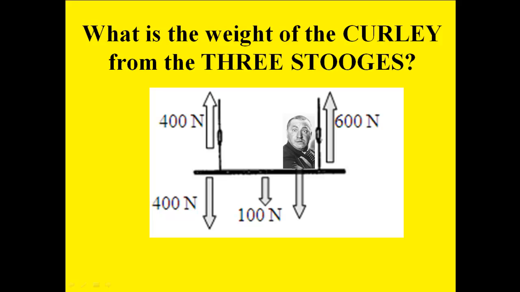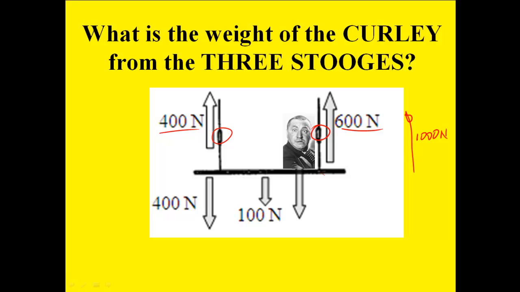We got Curly from the Three Stooges. He's on a scaffold. There are some scales here. One reads 400, the other reads 600. For a total of how much up? 1,000 newtons up. And of course, he's not falling.